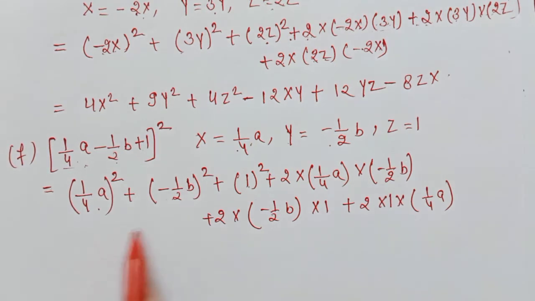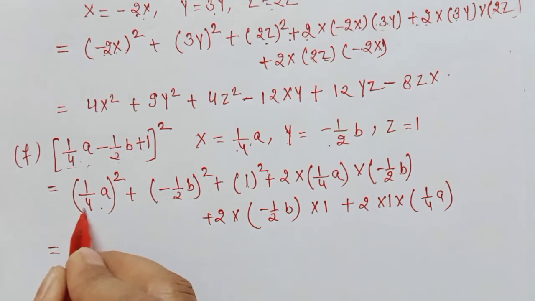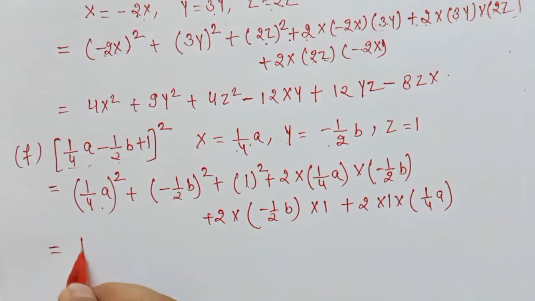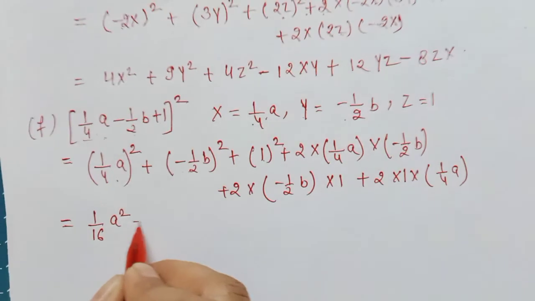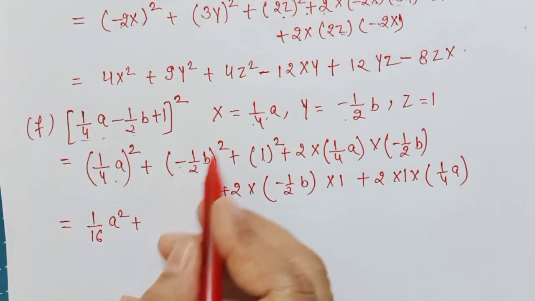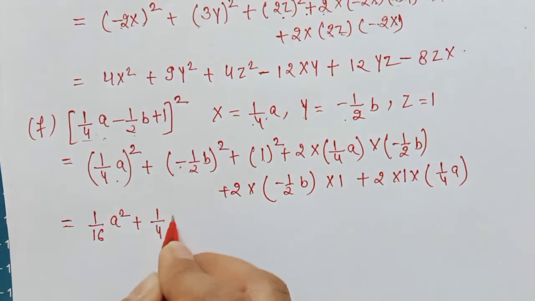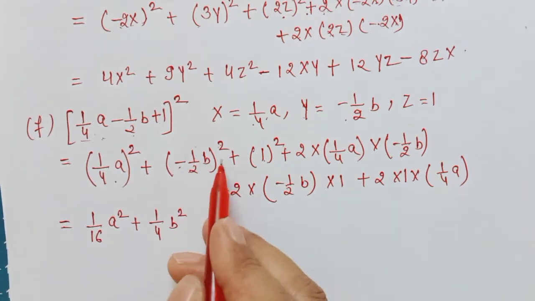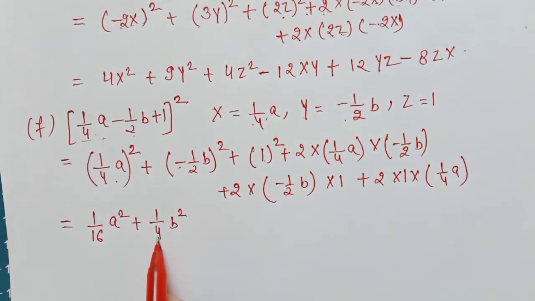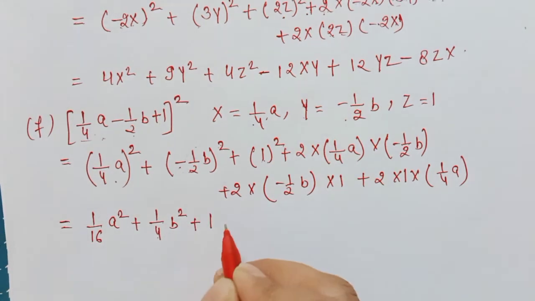Now we have to calculate this by opening the brackets. First of all, square this number. 1 upon 4a square will become 1 upon 16a square, plus when you square the negative number it will become positive. So 1 upon 2b square: 1 upon 2b into 1 upon 2b. 1 upon 2 into 1 upon 2 will become 1 upon 4, and b into b will become b square, plus 1 square. 1 square means only 1.